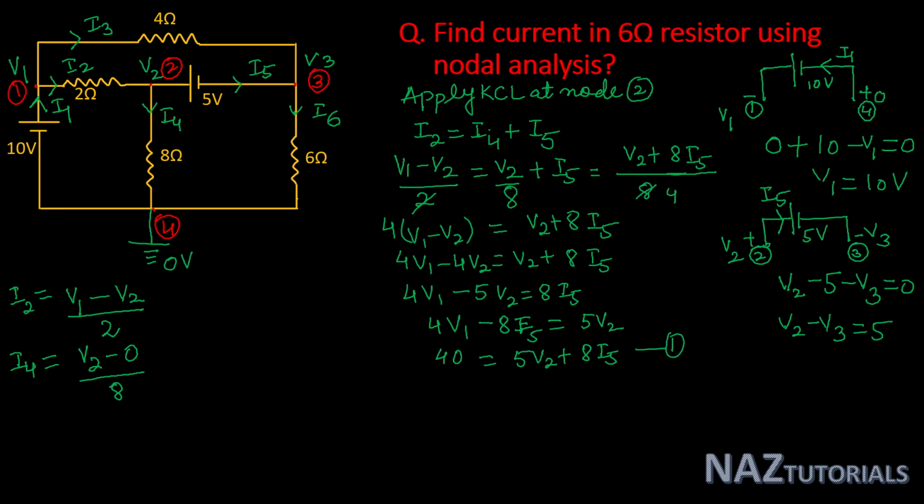Now KCL at node 3. At node 3, I3 and I5 are incoming currents. So here I3 plus I5, and I6 is outgoing.